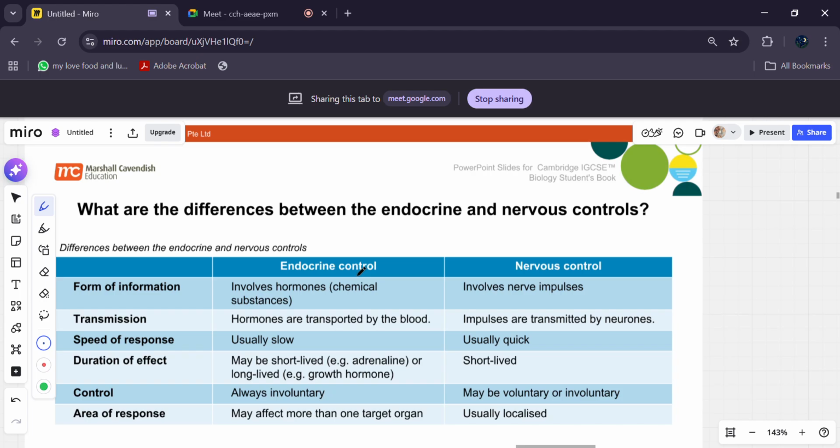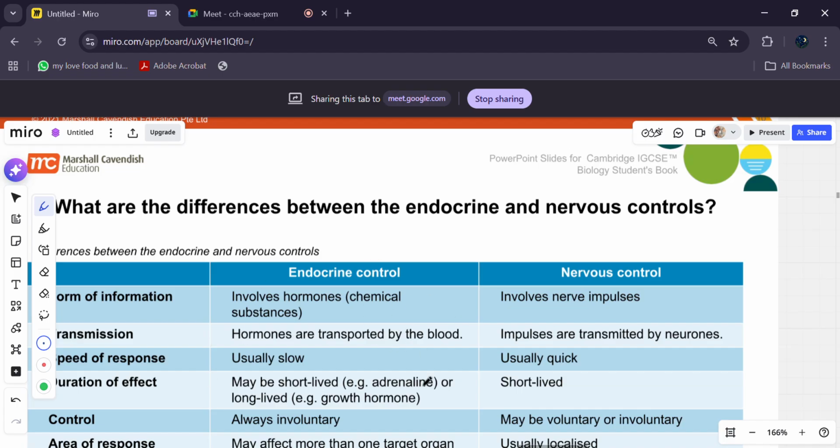Well, endocrine control involves hormones, which are chemical substances, whereas nervous control involves nerve impulses, which are electrical impulses transmitted by the neurons. As you can see, for transmission, hormones are transported by the blood in endocrine control, whereas in exocrine glands, the secretions are transported by ducts.